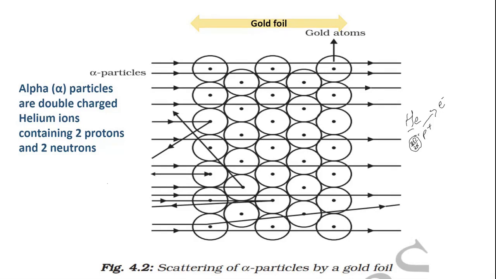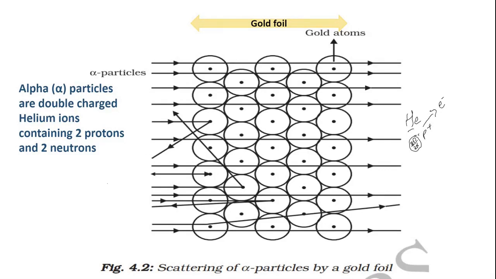So whenever it comes near the nucleus, towards a particular region where there is a positive charge present, depending on how it hits, we see that either the rays are coming back or they are getting deflected.